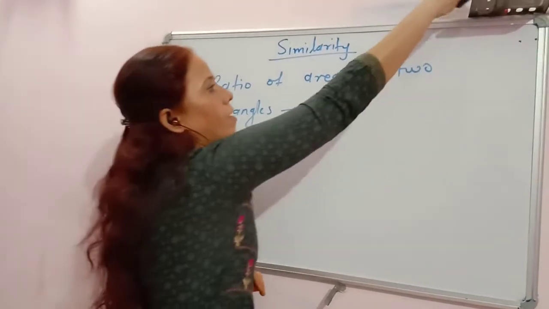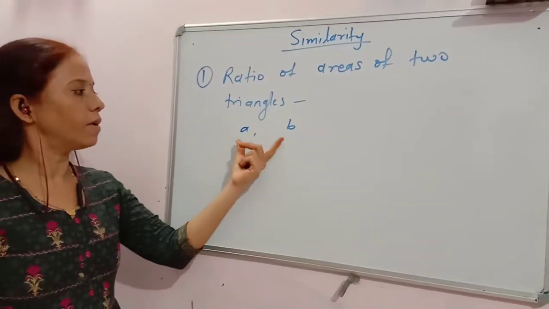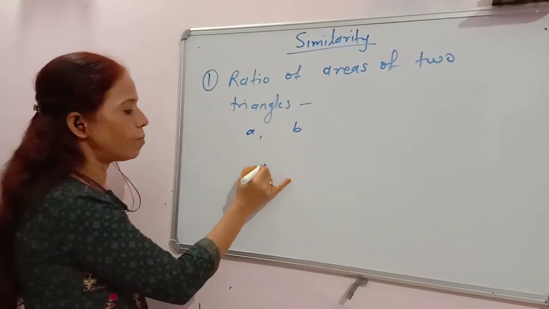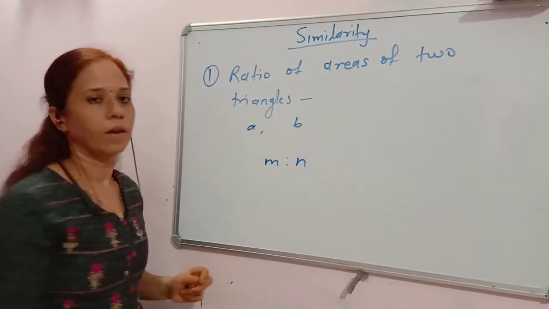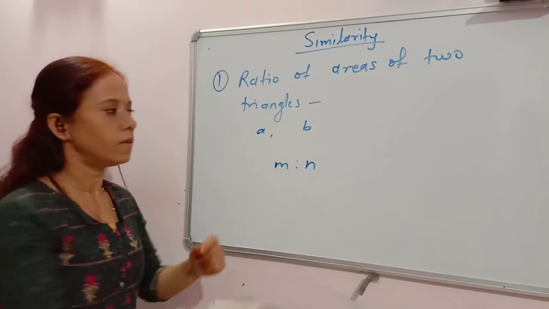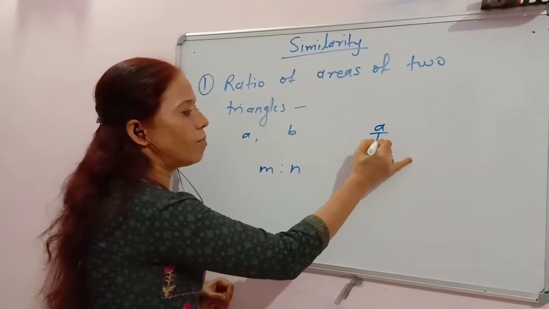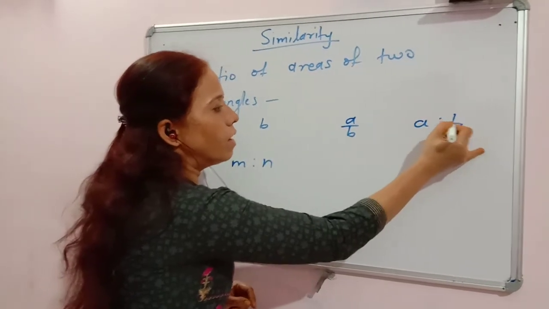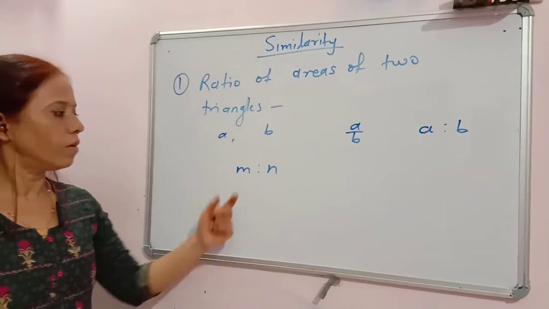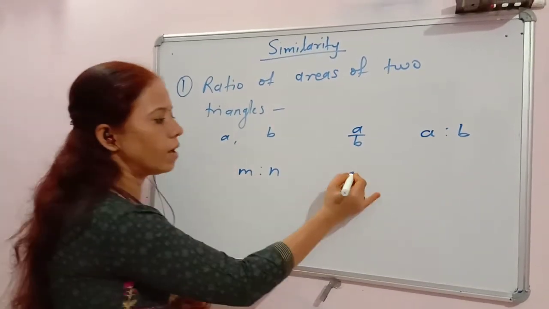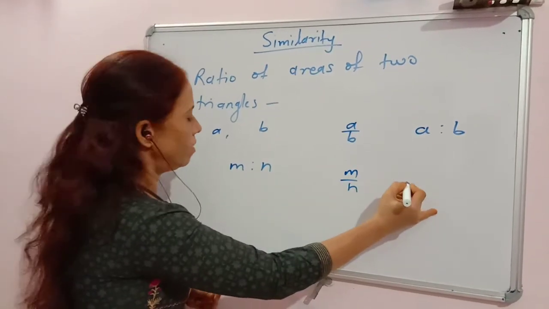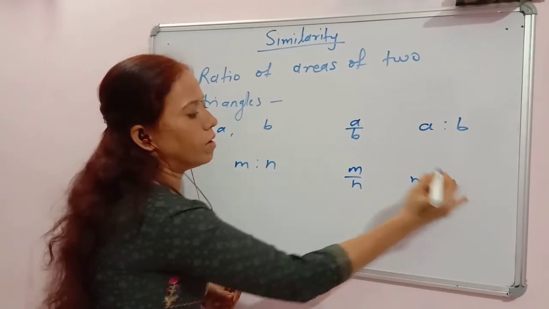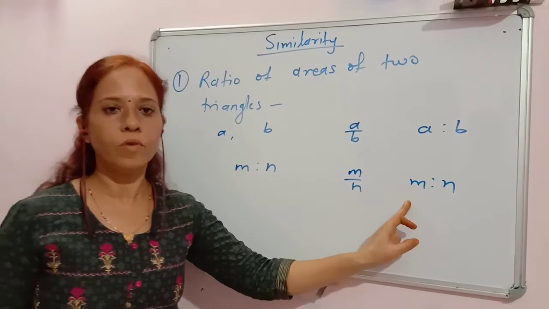That means the numbers A and B are in the proportion m is to n.